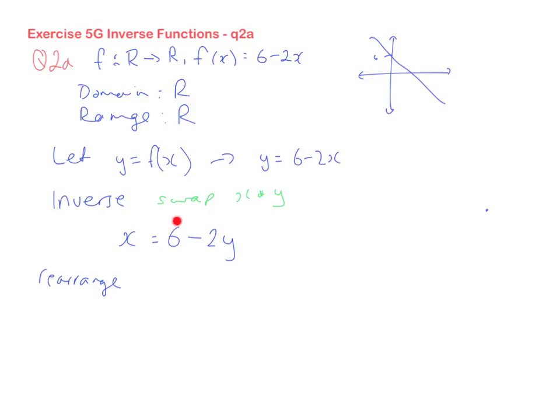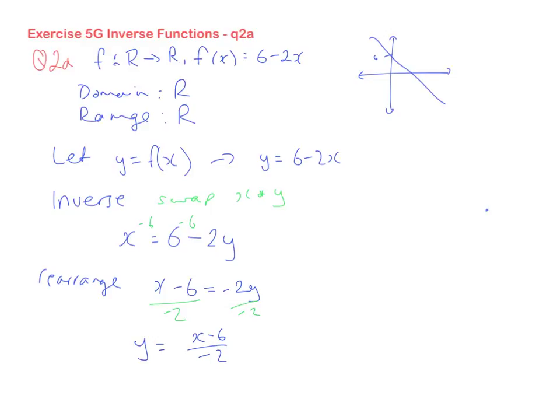I've got a positive 6 here, so when I take that over to the other side, I get x minus 6 equals minus 2y. So now I want the y by itself, so I divide by negative 2, y equals x minus 6 over negative 2.